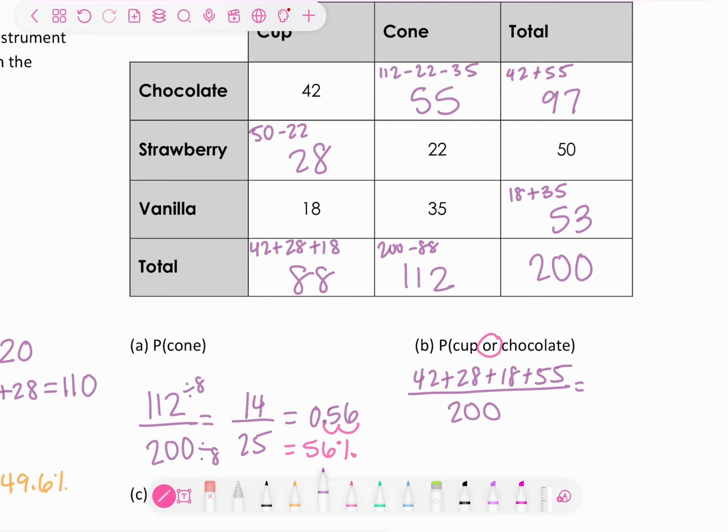So that's 143. It's possible that simplifies. I'm actually just going to use the fraction button in my calculator to check quickly. It does not, so I'm just going to divide it. And I get 0.715. And I'm going to go ahead and change that to a percent, so it's going to be 71.5%.